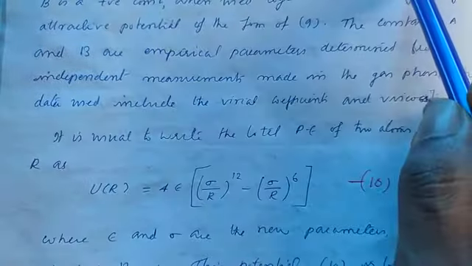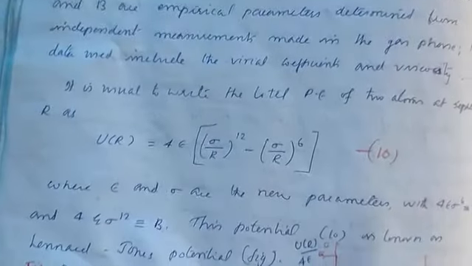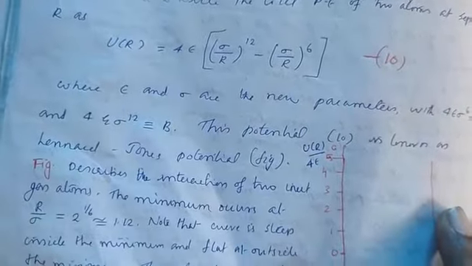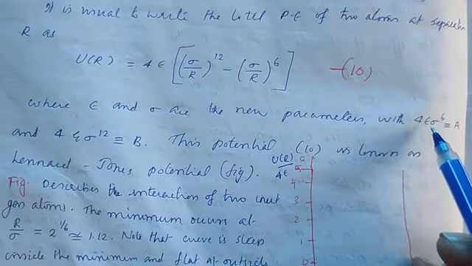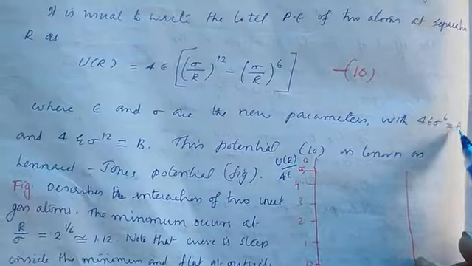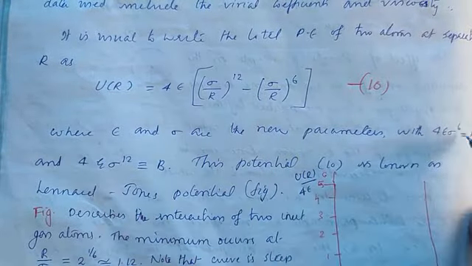This term corresponds to this, and this term corresponds to this, where epsilon and sigma are new parameters with 4 epsilon sigma to the power 6 equivalent to A. Here 4 epsilon sigma to the power 6 is A.